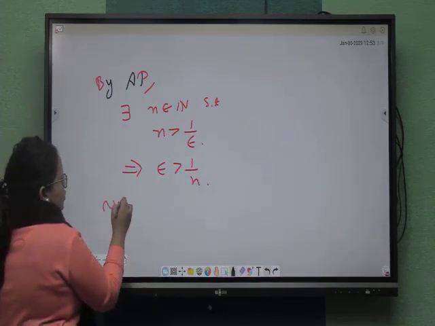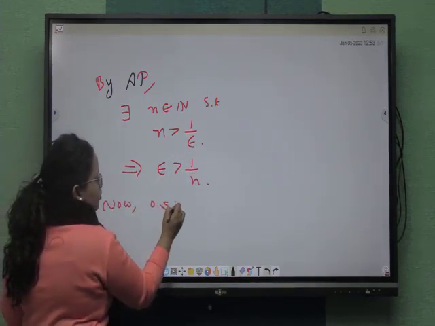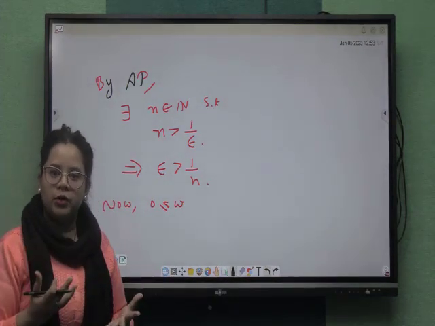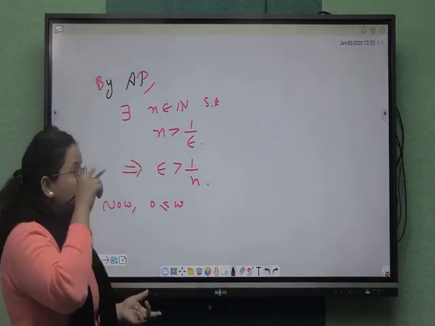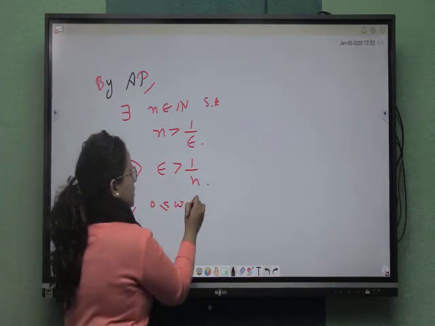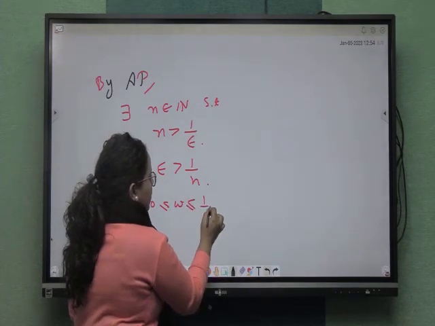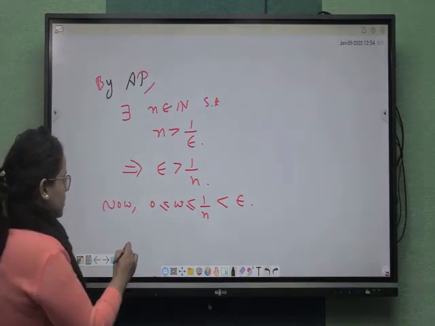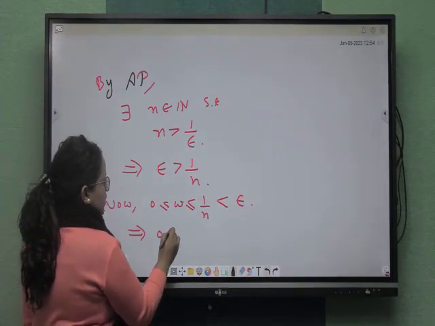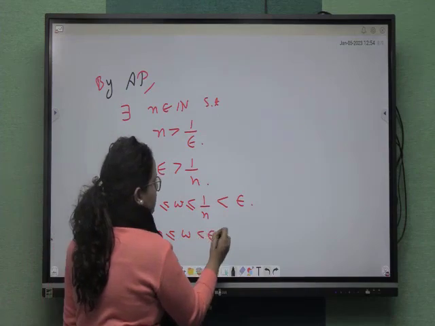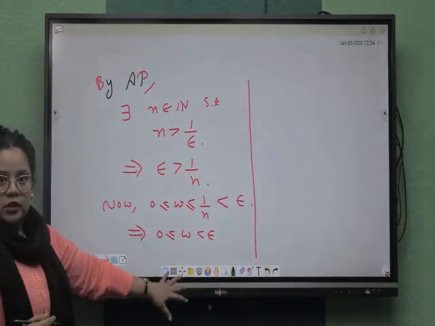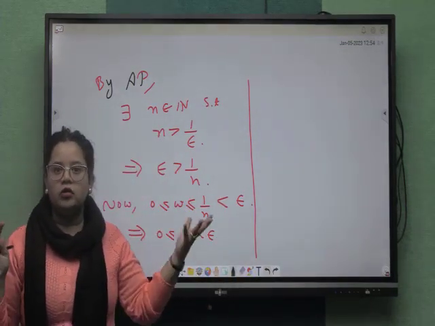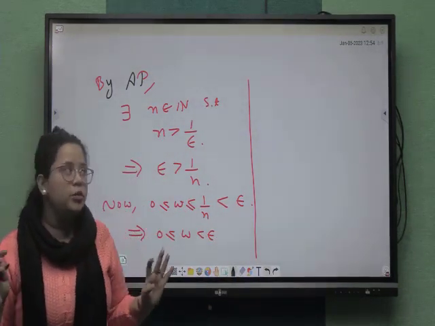Now 0 is less than or equal to W, we had that. Because W is the infimum, it is also a lower bound, and 1 by n is an element of S, so W is less than or equal to 1 by n, and 1 by n is strictly less than epsilon. So from this we arrive at the result: 0 is less than or equal to W is less than epsilon. Now see, epsilon was arbitrary. We have not given any condition. We said let epsilon greater than 0 be any real number.